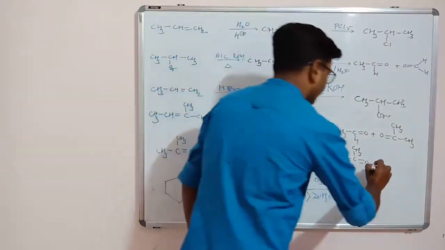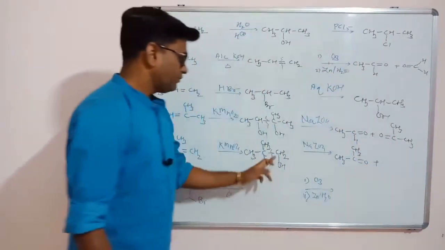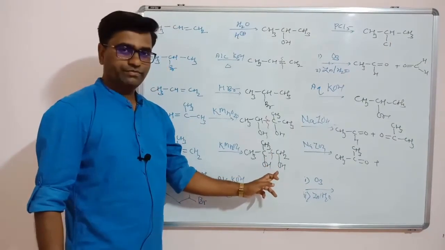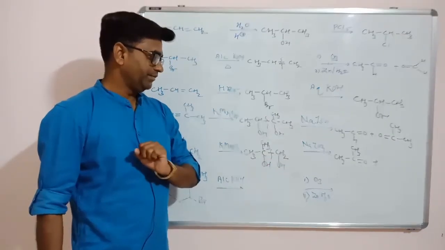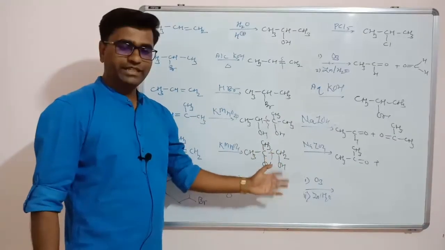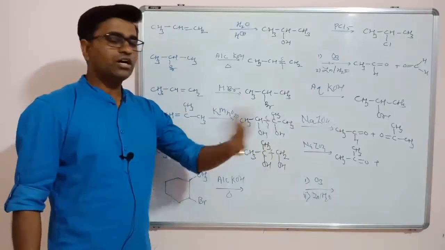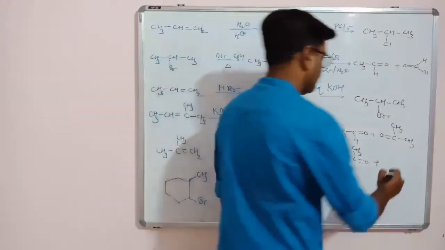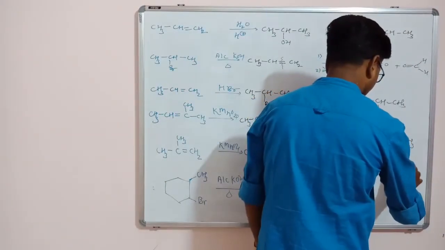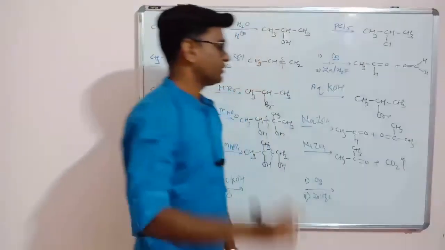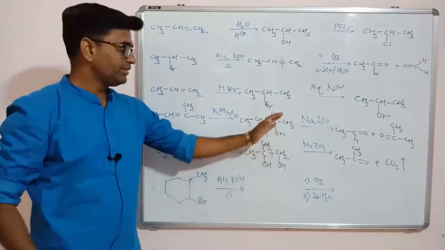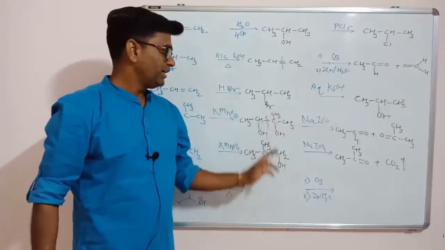Second product now. Now second product is CH2OH. So it will give you formaldehyde. But formaldehyde is very reactive in presence of this oxidizing reagent. So it will get oxidized into CO2, that is carbon dioxide gas. So this is the difference between these two examples.